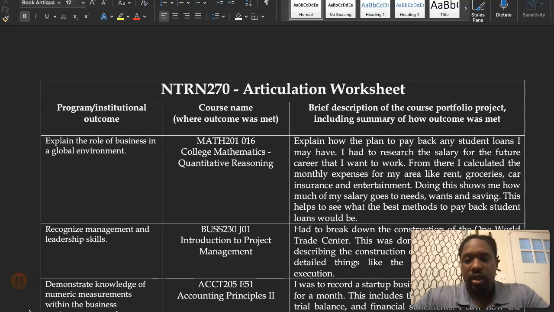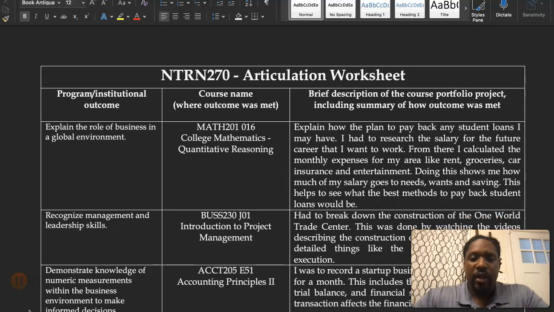The one I chose is from my college math quantitative reasoning course. In this course, for this project, we explained how to pay back a loan if I had any.